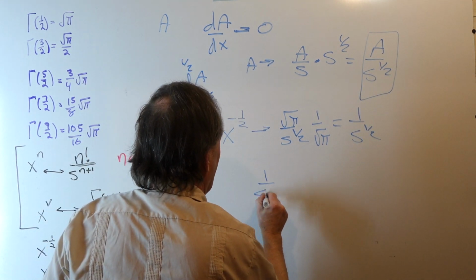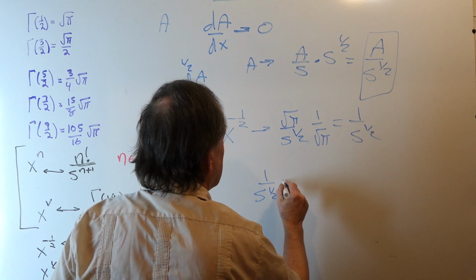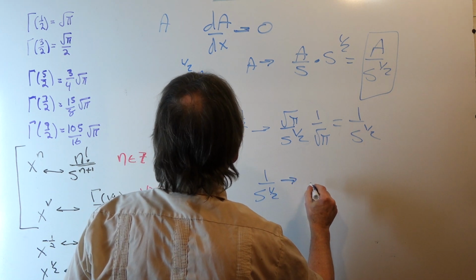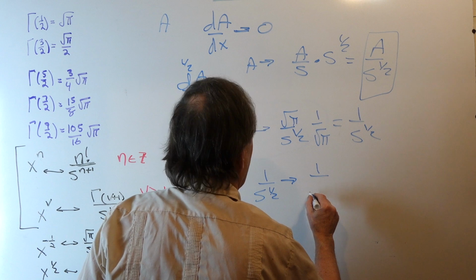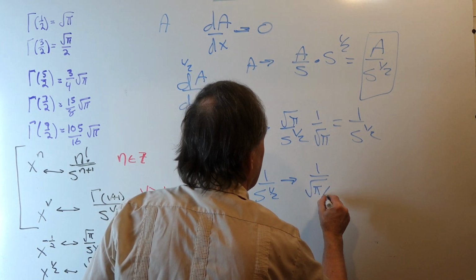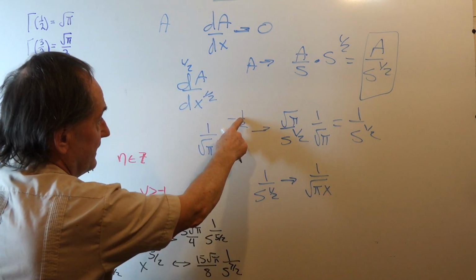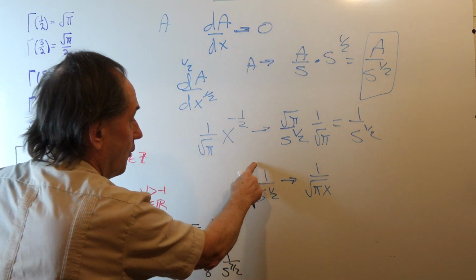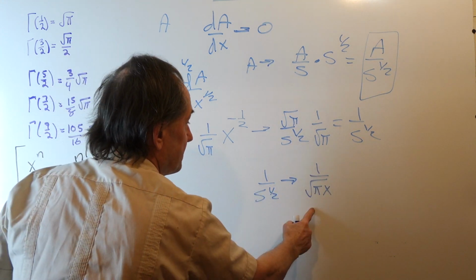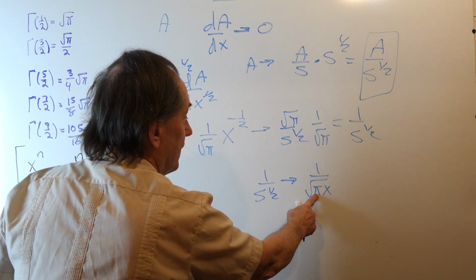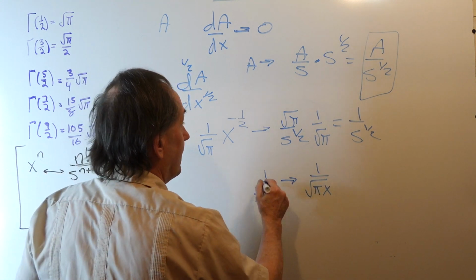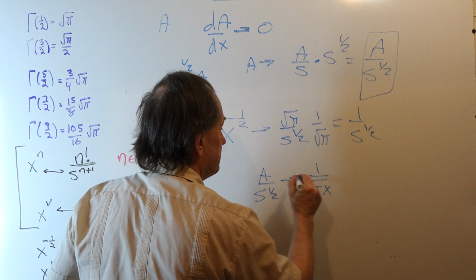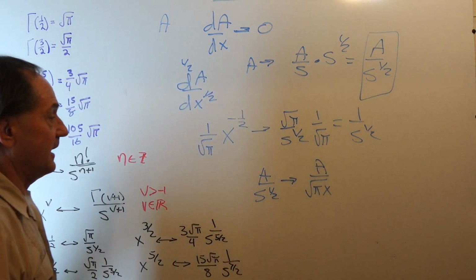We know now that 1 over s to the 1/2 transforms to 1 over square root of pi x. I'm just putting the x down under the square root sign with pi. So a times becomes that.